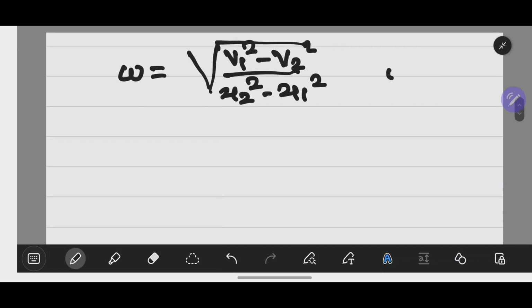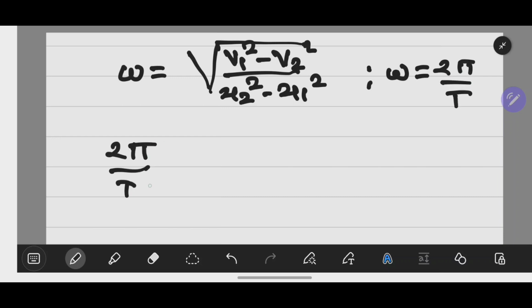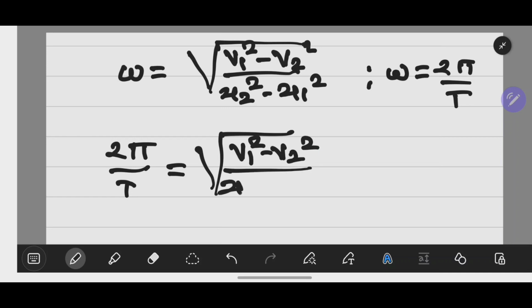But we know that omega is 2 pi upon T, and 2 pi upon T is equal to under root of v1 squared minus v2 squared divided by x2 squared minus x1 squared.